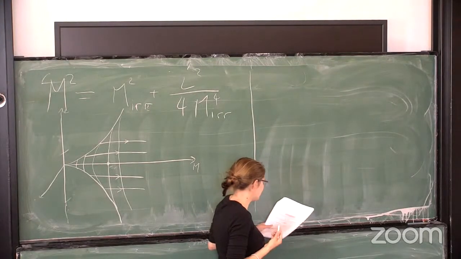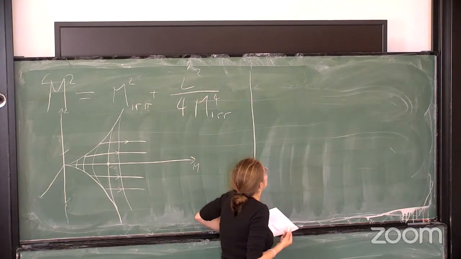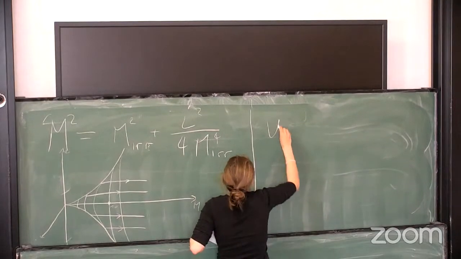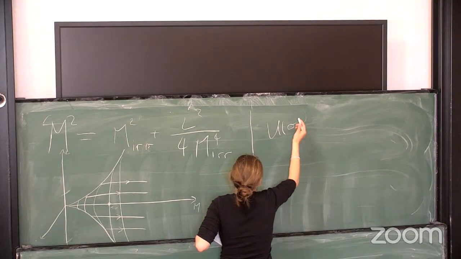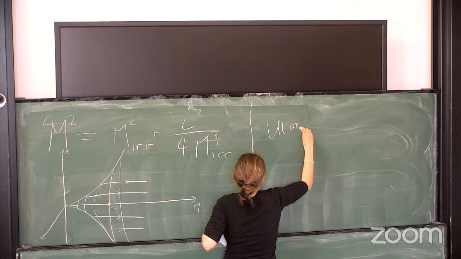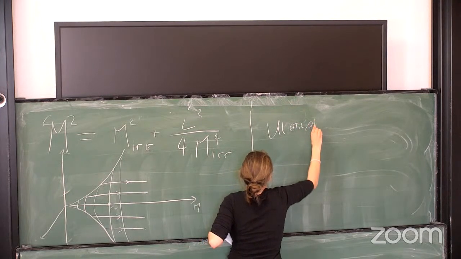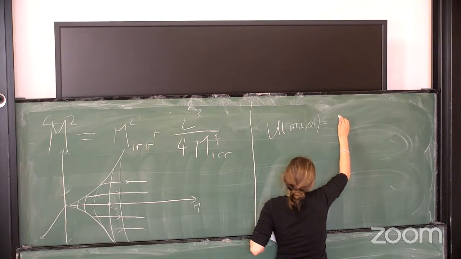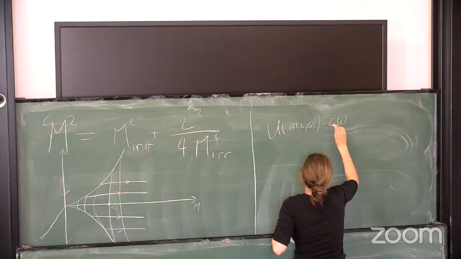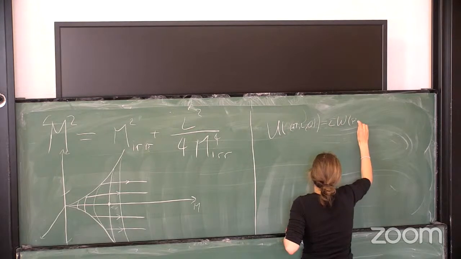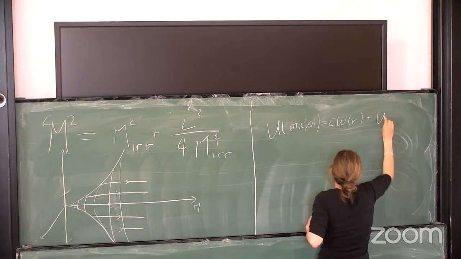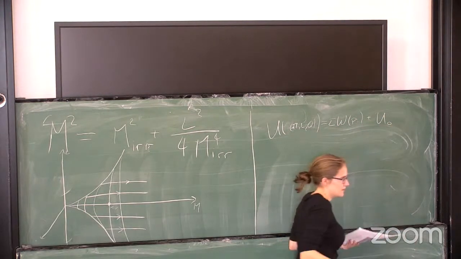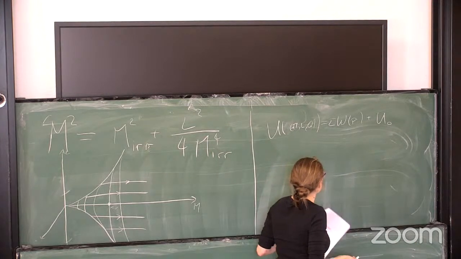So the energy of a state M, L is then given by the work of these processes, the sum over these processes, plus some constant for the reference state.